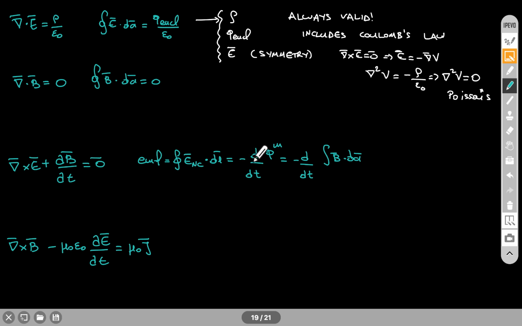Now, how have we used this in the past? In cases where we know how the magnetic field and the flux are changing, we have been able to find the induced EMF, and we have also been able to find the strength of the non-Coulomb electric field. This is primarily how we use Faraday's law.